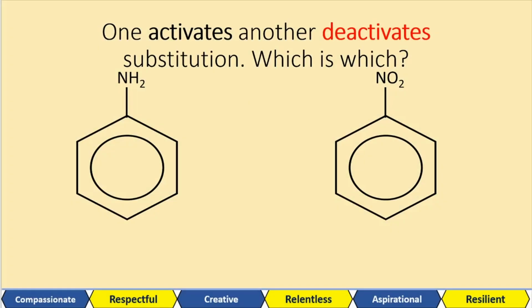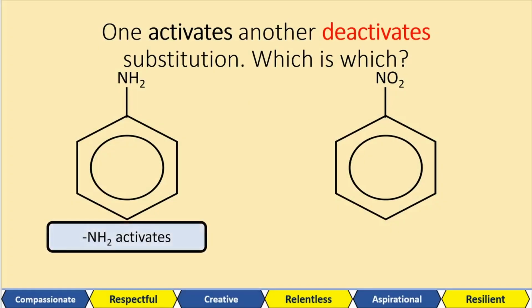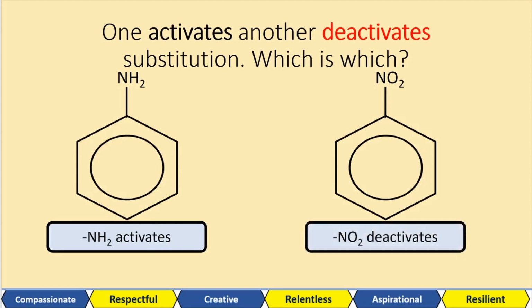Of course, phenylamine reacted readily, so that activates. So NH2 activates substitution. And the nitrobenzene deactivated substitution because you needed a halogen carrier. You needed high temperatures. So NO2 deactivates substitution.